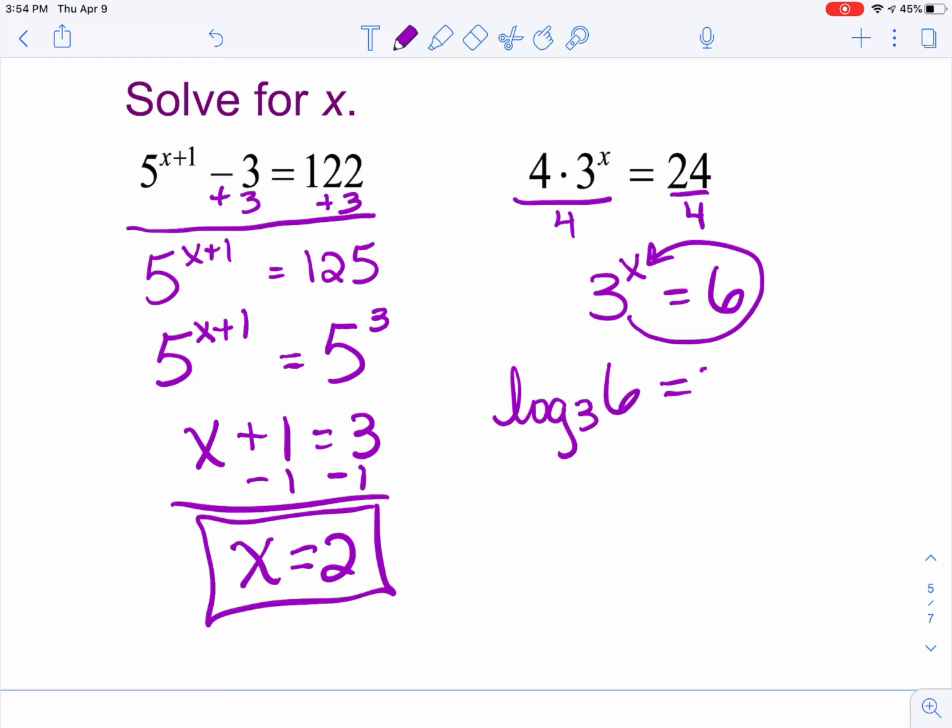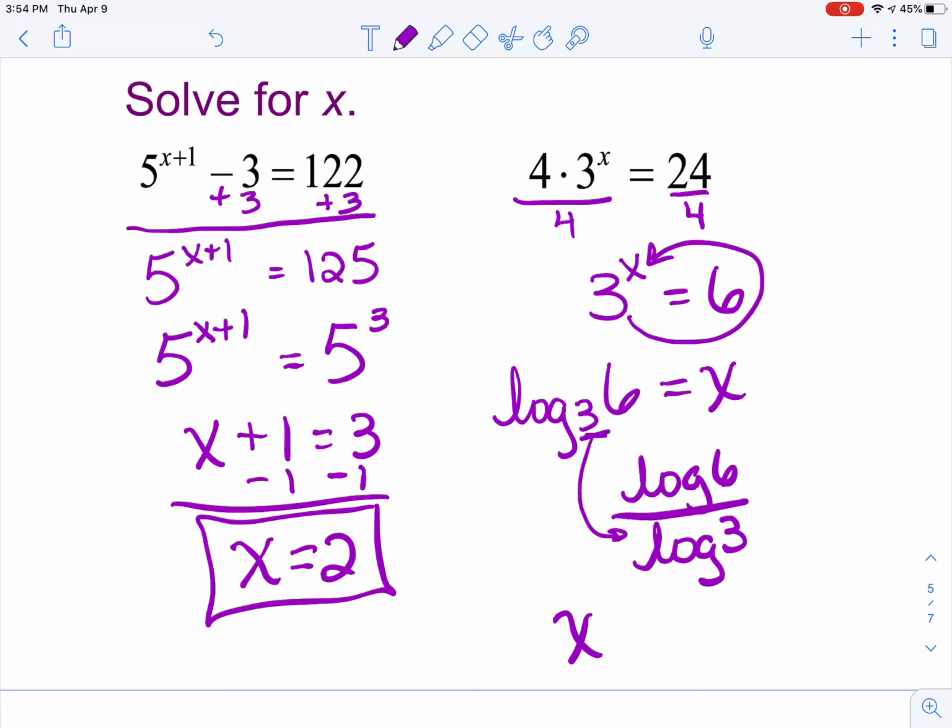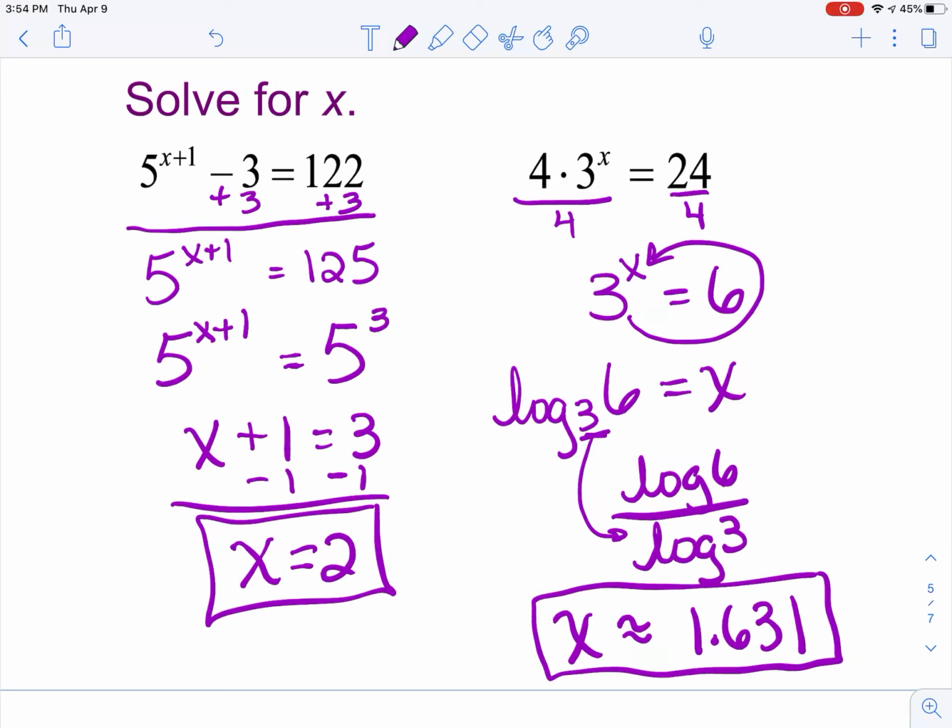Log base 3 of 6 equals x. Here again, you can either put it in your calculator, alpha window 5, or you can do the change of base. Change of base is going to be log 6 divided by log 3. 3 is my base. It goes in the basement. So x is going to be approximately 1.631.